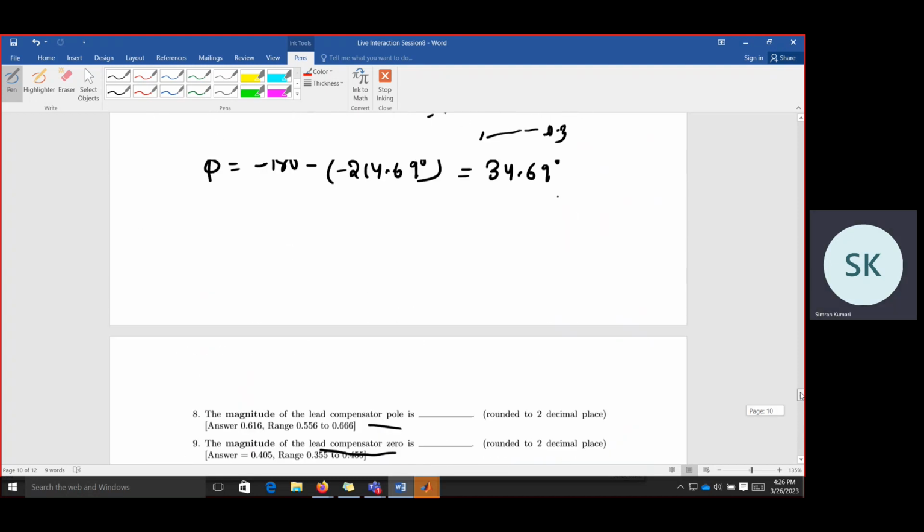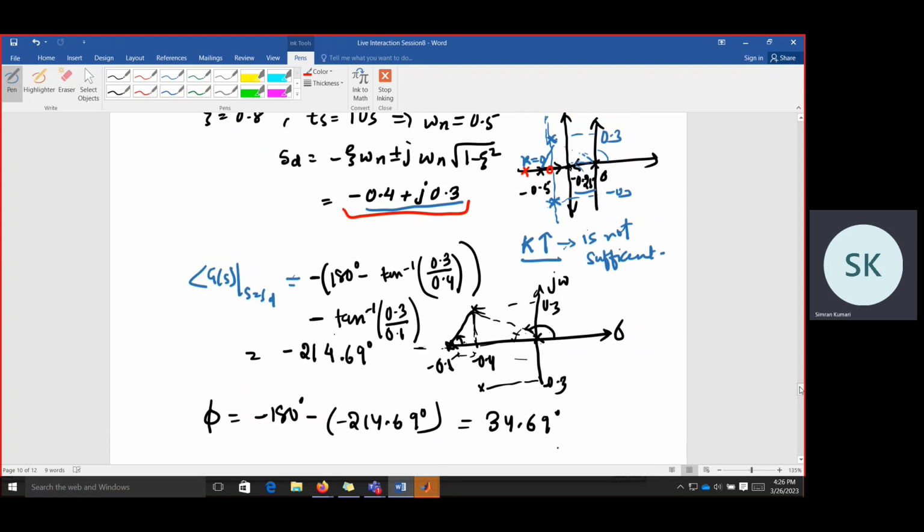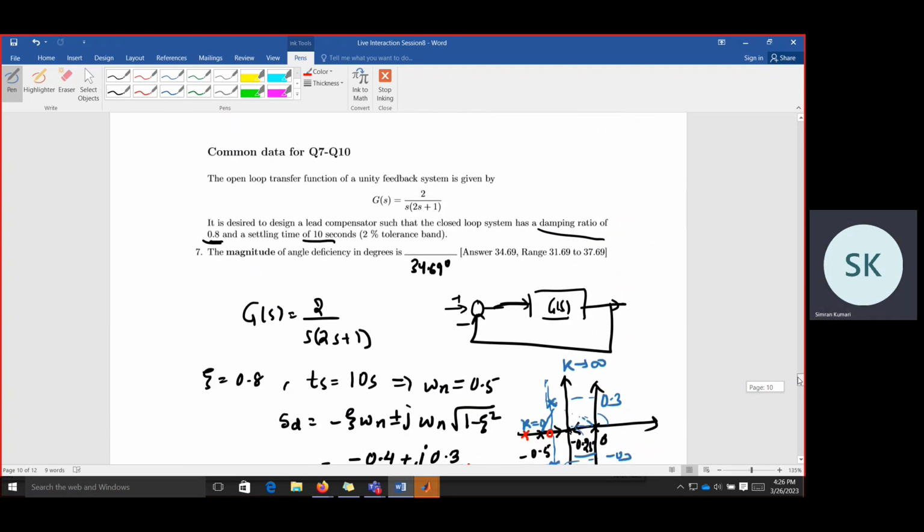So now let us see how we can verify this in MATLAB.